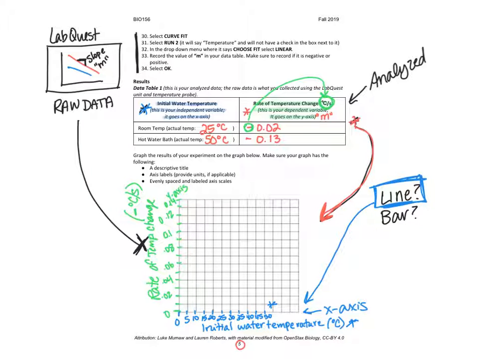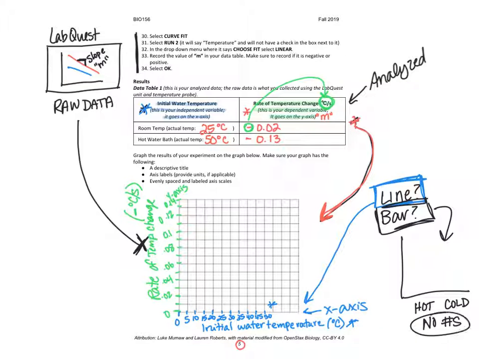Now, when we do a bar graph, how is that different? A bar graph would be if we were doing just categories. So hot versus cold water. If we were doing something like that, then we would do a bar graph. And that's because we do not have numbers down here on the x-axis. But for this particular set of data, we have numbers. So we are going to do a line graph.